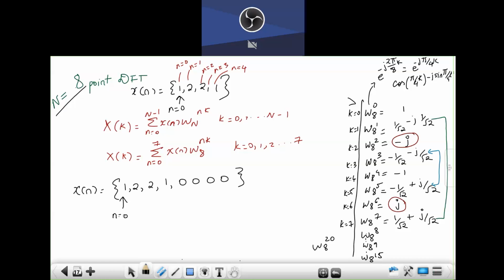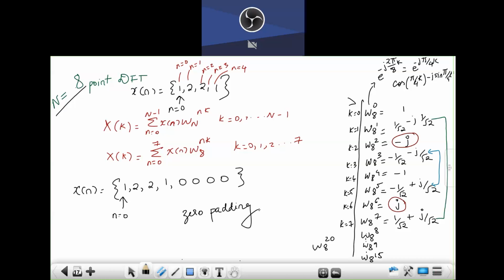So 0 to 7, you have 8 samples. Whenever the sample length is falling short of the DFT points asked, you are going to do this zero padding.